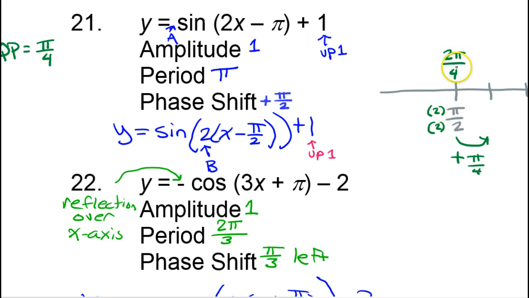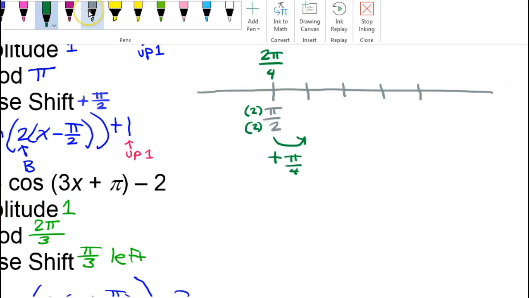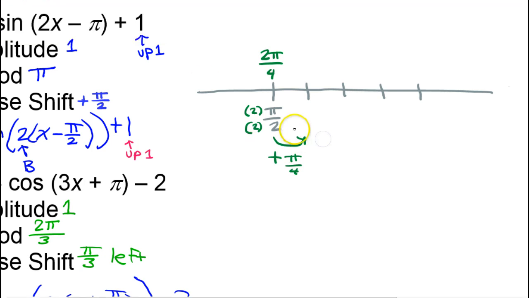So that's another name for the same thing. If I take 2 pi over 4 and add 1 pi over 4, that should give me 3 pi over 4. So I'm going to have 3 pi over 4. Now if I add another quarter period, that would be 4 pi over 4, which is just pi.